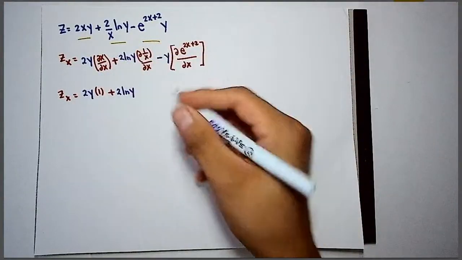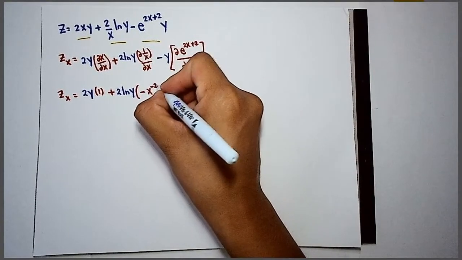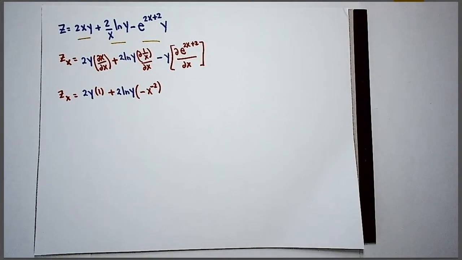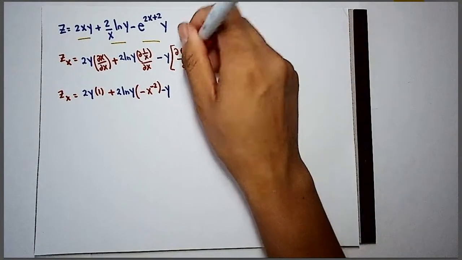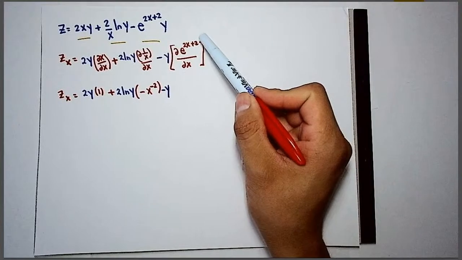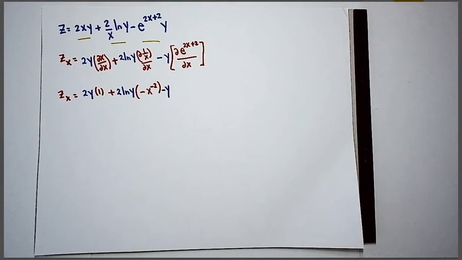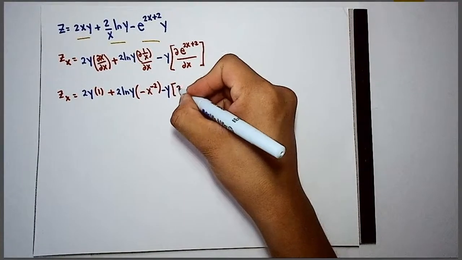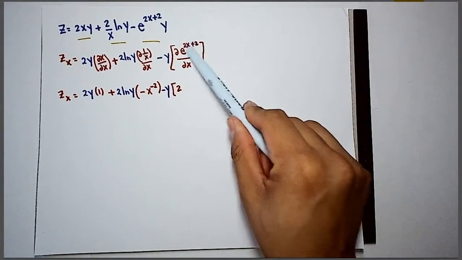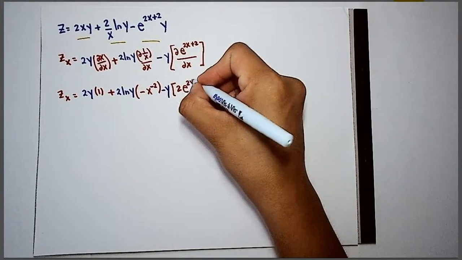So remember that if that is true, then the derivative is minus x to the minus 2. Minus y. Now notice that this is an exponential function. And in the case of the exponential, we take the derivative of the exponent, that is 2, because that is the coefficient of 2x, times e to the 2x plus 2.